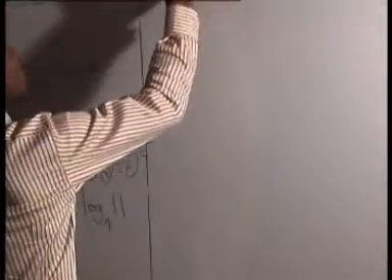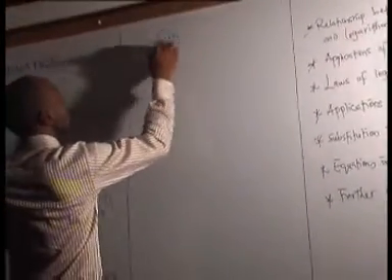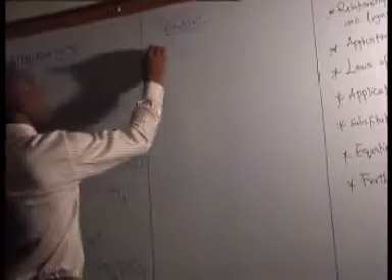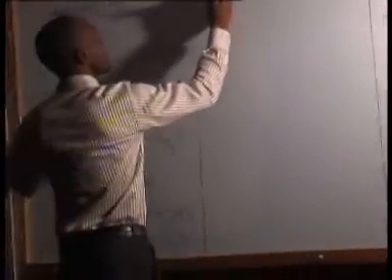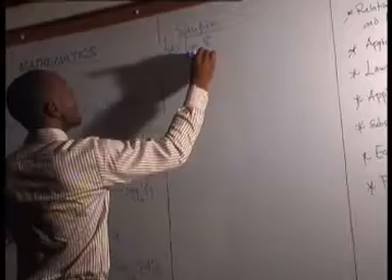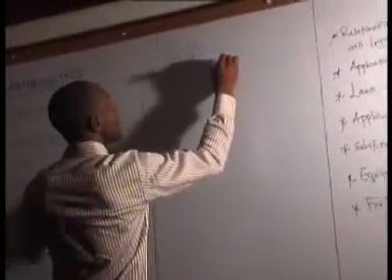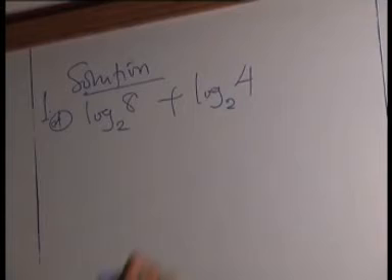So solution. Let me just pick D. Number 1D. We have log 8 base 2 plus log 4 base 2.